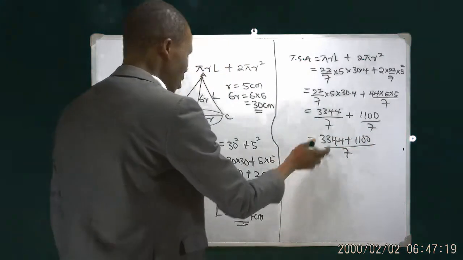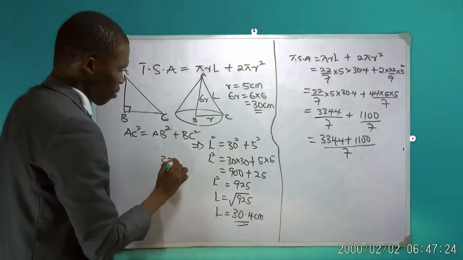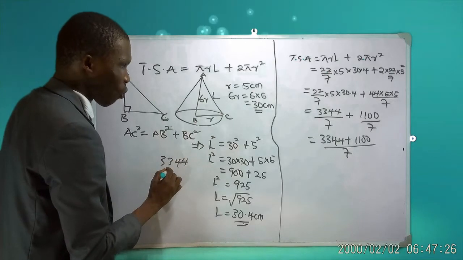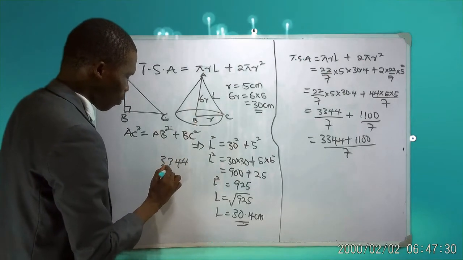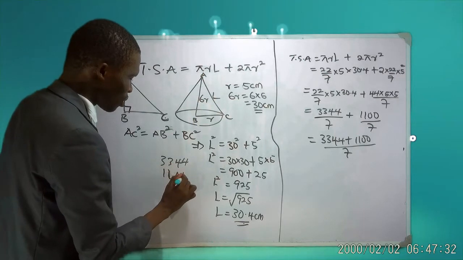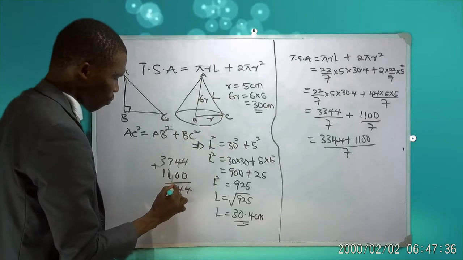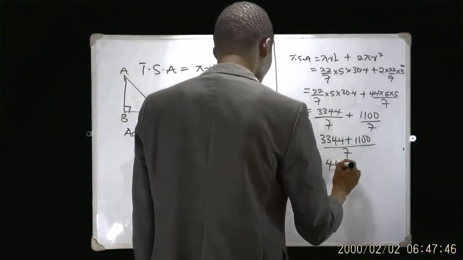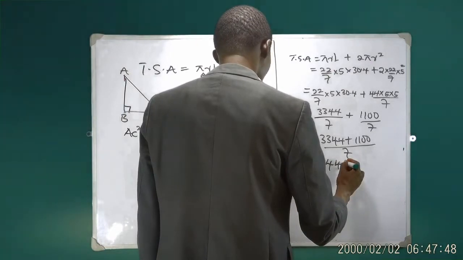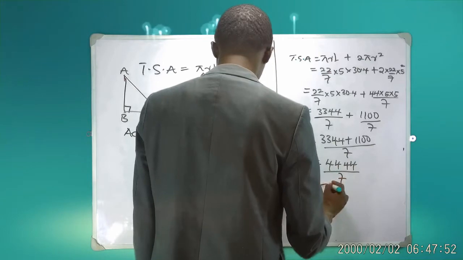So now let's add this together. 3344 plus 1100, add them together, we are going to have 4444 divided by 7.